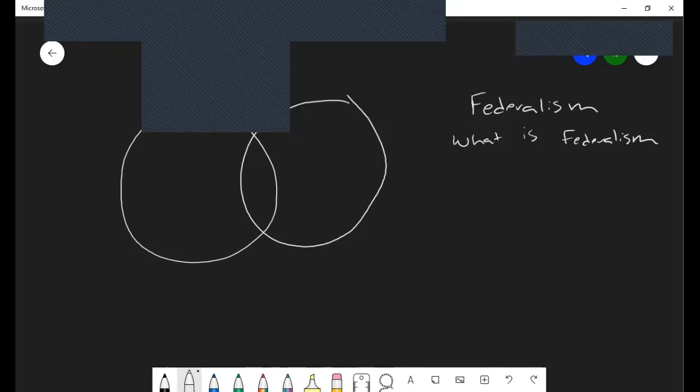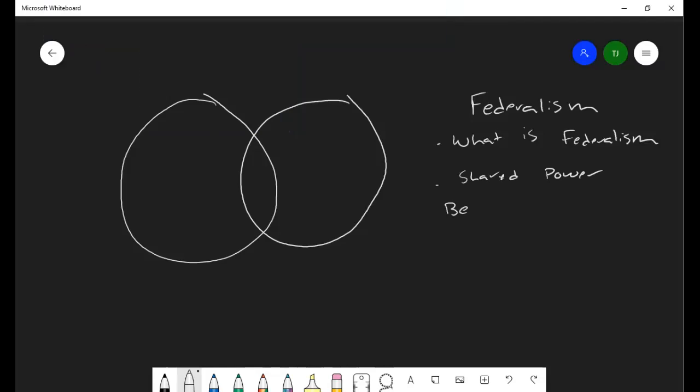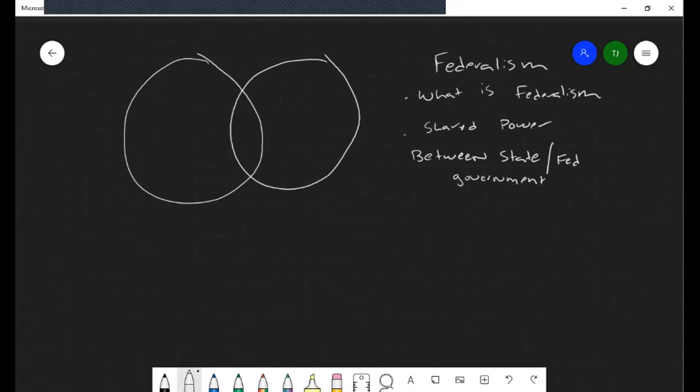So federalism is kind of the shared power between both the state and federal government. Okay, so what is this idea of power, or even like the shared power?